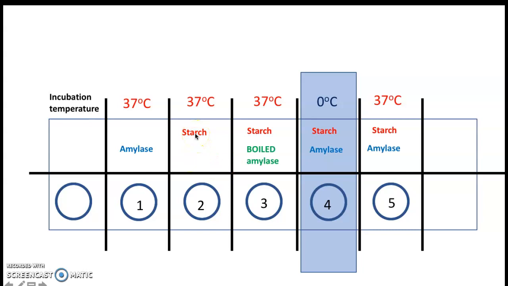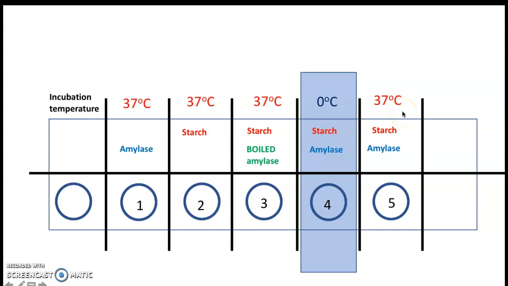Only starch is present. In test tube number 3, we have starch, which is our substrate, and we have boiled amylase, which is actually denatured. In test tube number 4, we have starch and amylase. And in test tube number 5, we also have starch and amylase. The difference between test tube number 5 and test tube number 4 happens to be the incubation temperature.